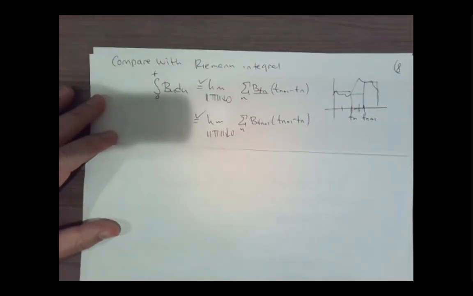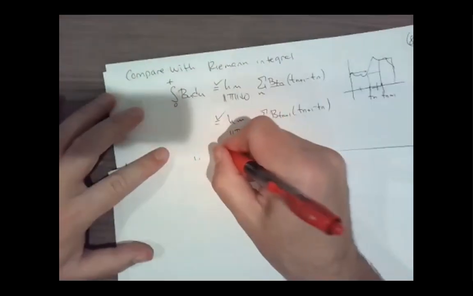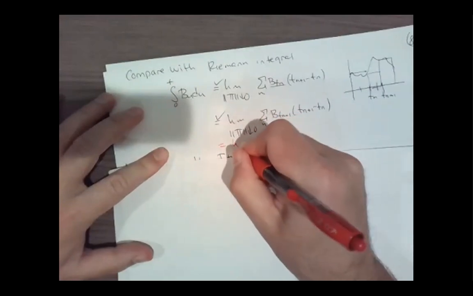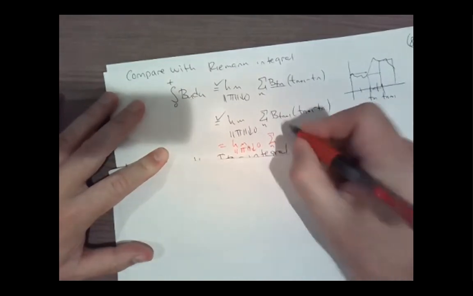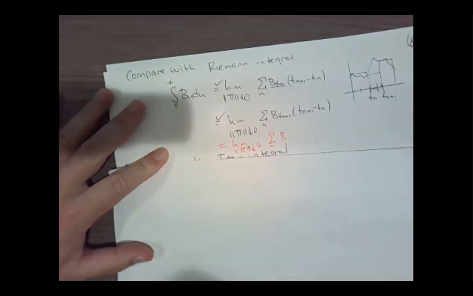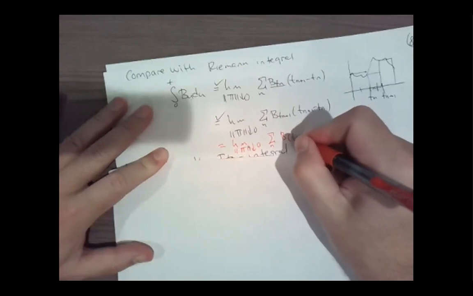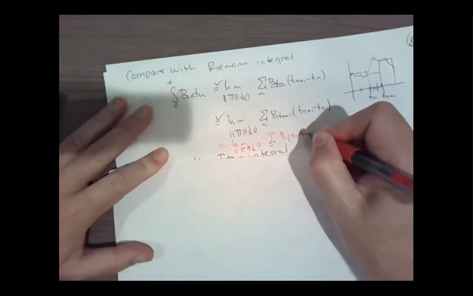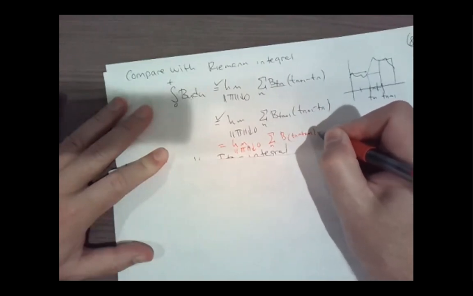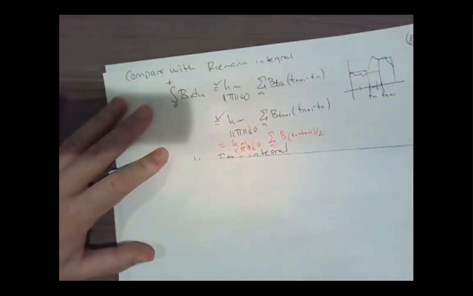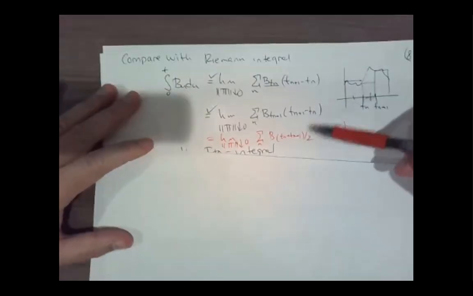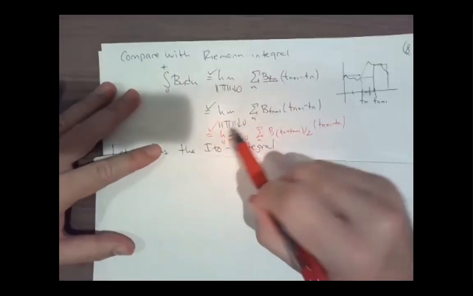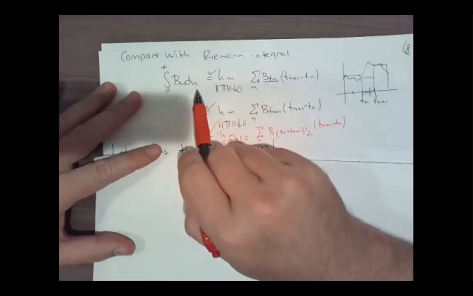Nothing prevents us from choosing something else. We could also write the limit as the mesh goes to 0, and we could have chosen B at something like (tn + tn+1) divided by 2. We would also have done that. And no matter which one of these I would have done, you would all have been good enough to give me the left-hand side.